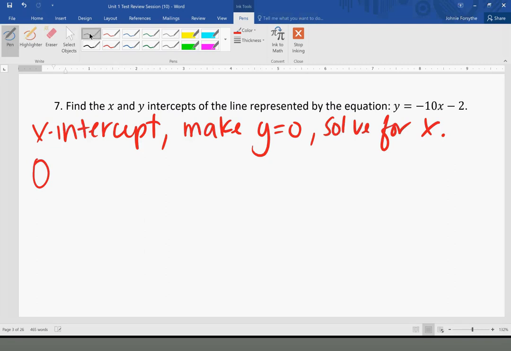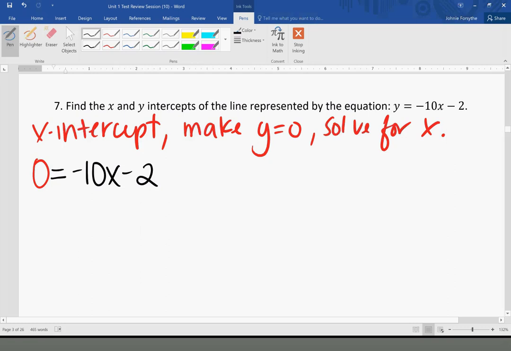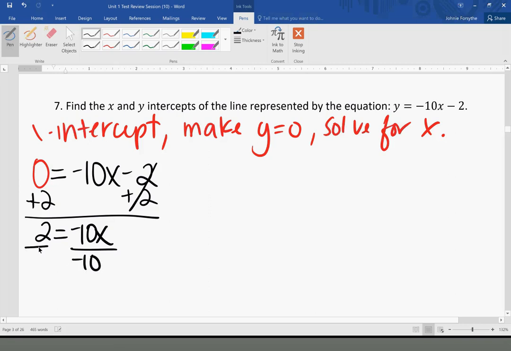So we're going to have 0 equals negative 10x minus 2. To solve for x, we're going to add 2 to both sides of the equal sign. So 0 plus 2 is 2 equals negative 10x. And then to solve for x, we're going to divide by negative 10.